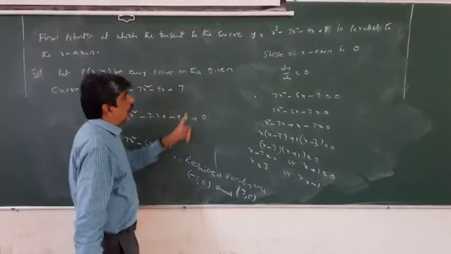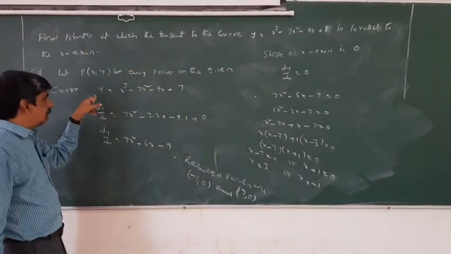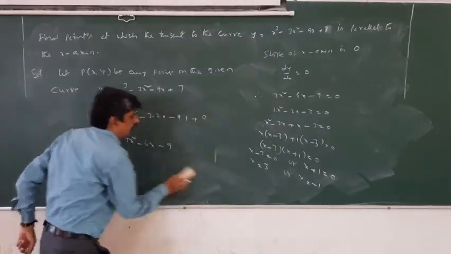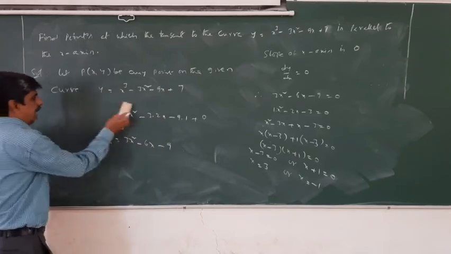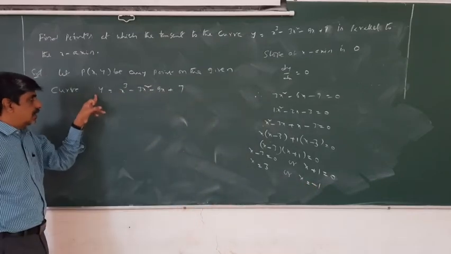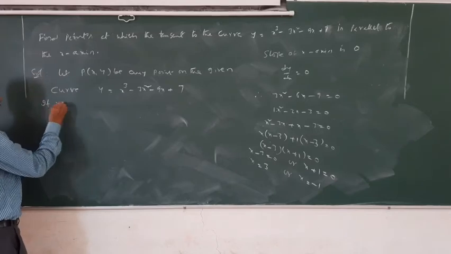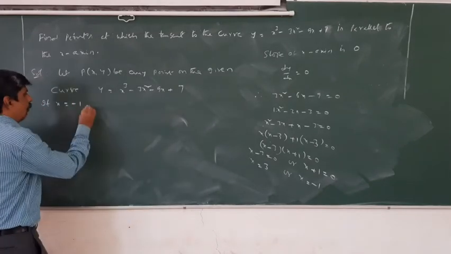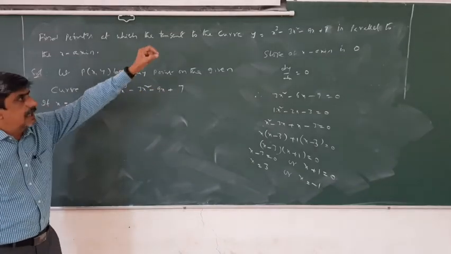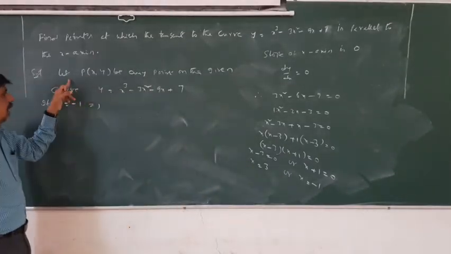See here, we want to find the points on the curve. P(x, y) lies on this curve. So for the required points, if x is equal to minus 1, substitute in the given curve. The points lie on the curve, not the x-axis. So x is equal to minus 1, substitute in the given curve.